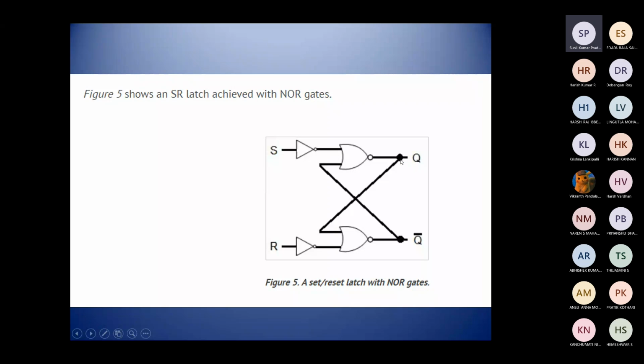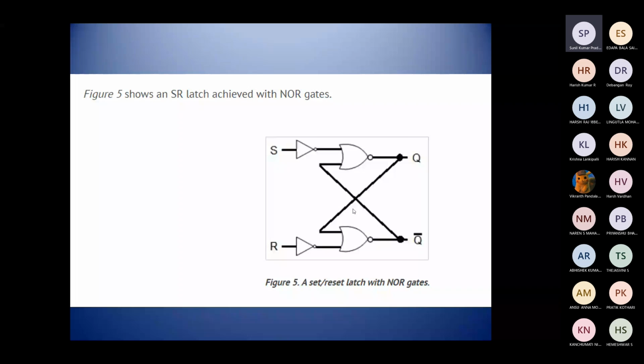This output Q is given to the input of another NOR gate, and similarly the output Q complement is given to the input of another NOR gate. So this way the SR latch is achieved through NOR gate. All the concepts and combinations are the same, only the NAND gate is replaced by the NOR gate here.